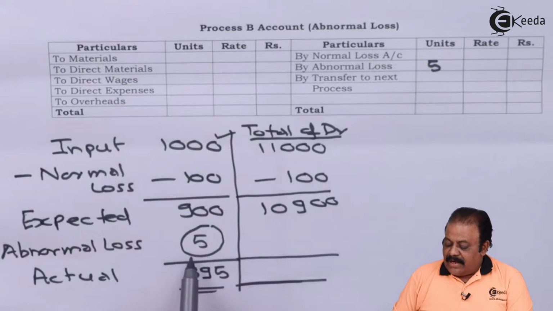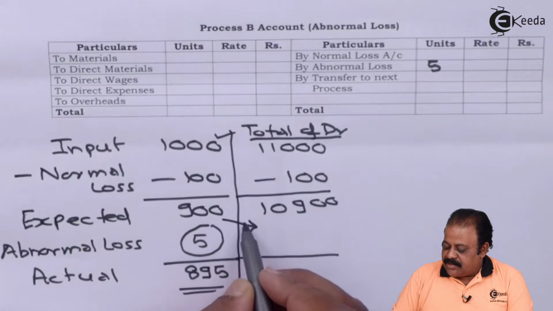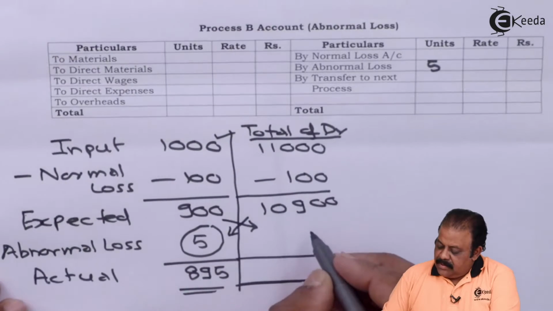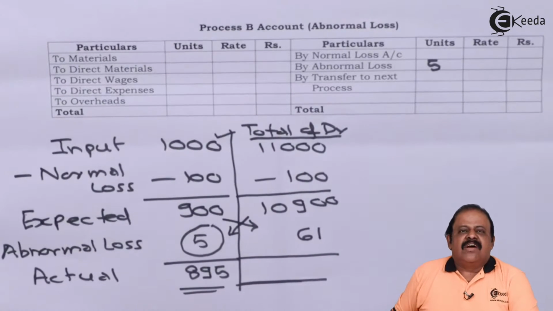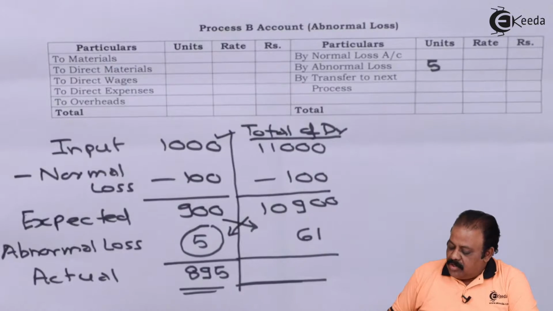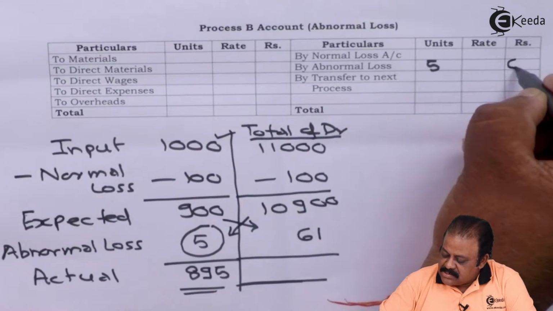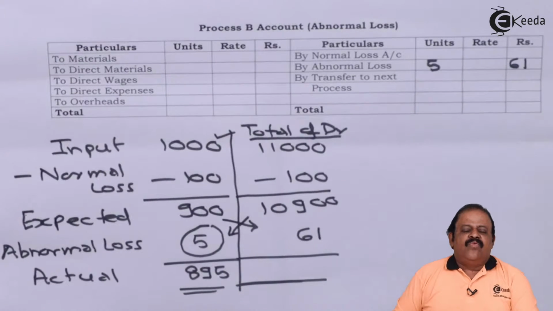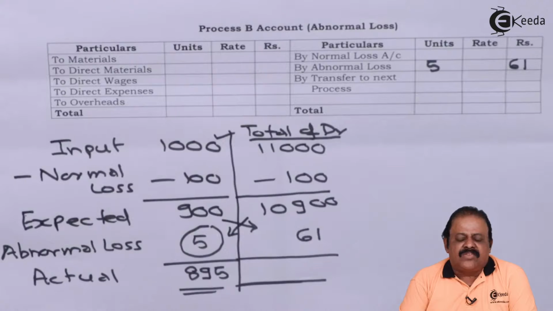Now we are required to calculate the value of abnormal loss, for which we do cross multiplication. The amount comes to around 61 rupees. So this 61 rupees is the amount of abnormal loss, and it will be recorded in the rupees column as 61. This is how we calculate abnormal loss units and abnormal loss value.